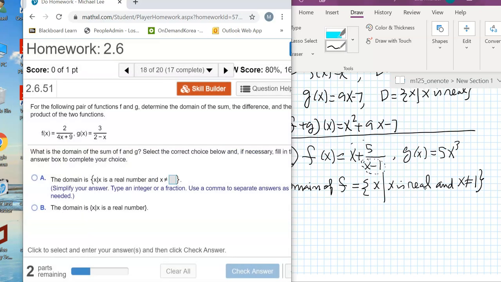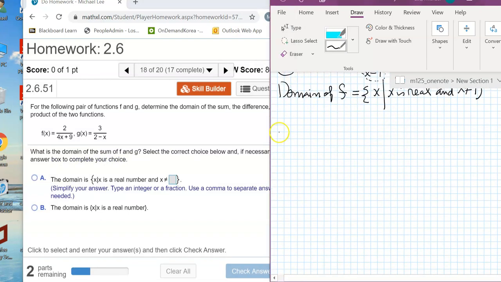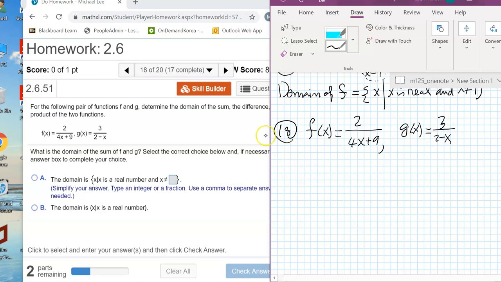Now, number 18. Now the 18 is a little more complicated. f of x is 2 over 4x plus 9, and then g of x is 3 over 2 minus x. Now, what is the domain of the sum?